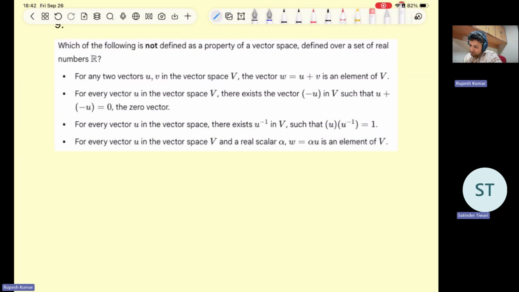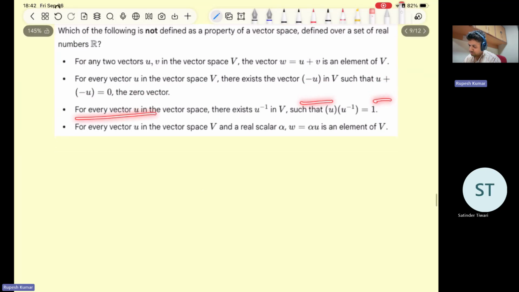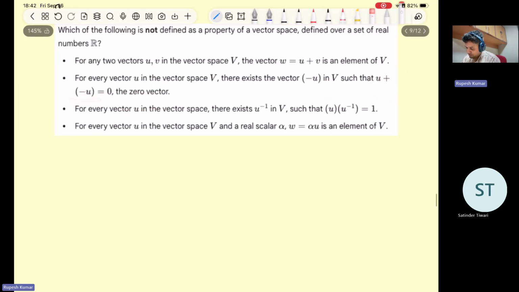Property two also is true: for every vector in the vector space, there exists a negation vector such that u plus minus u equals 0. Then, for every vector in the vector space, there exists u inverse such that u into u inverse equals 1. And the last one is alpha u is an element of the space, right? So option C is false, right?